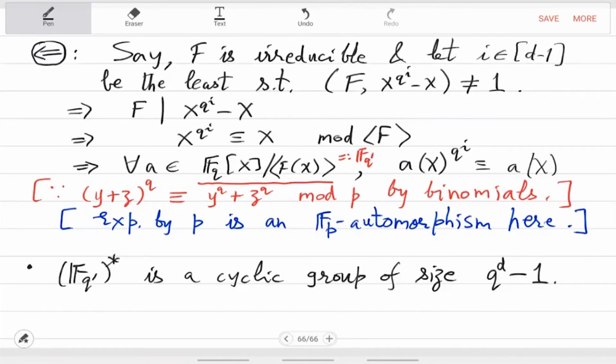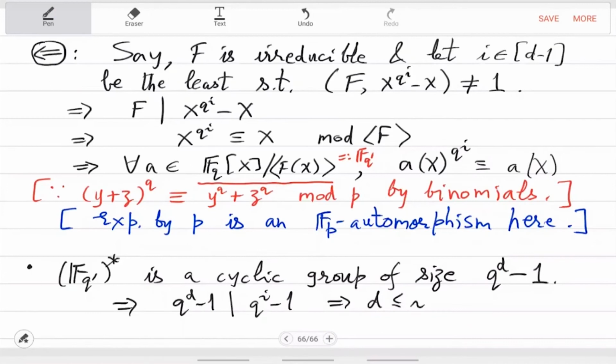Every element here satisfies this q to the i trivial Frobenius action, so it means that the generator as well. A generator has order q to the d minus 1. Which means that q raised to d minus 1 has to divide q raised to i minus 1. In particular it means that d is less than or equal to i, but that is not possible.